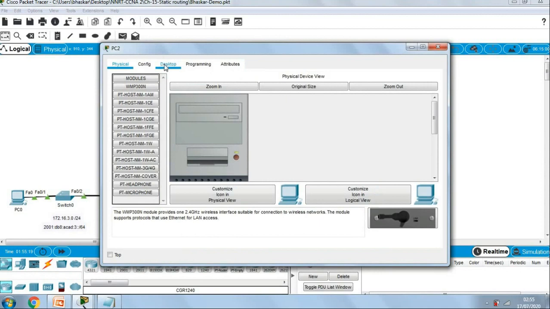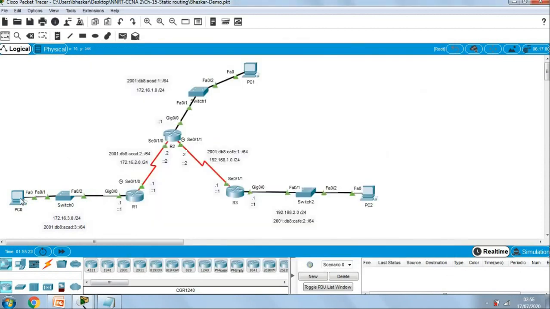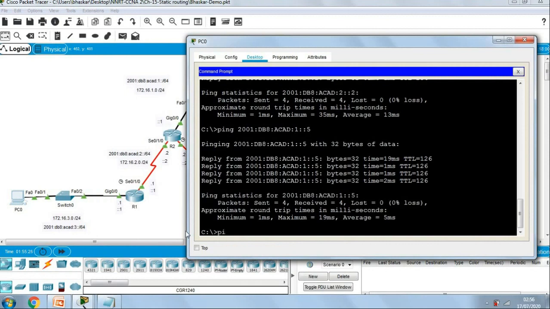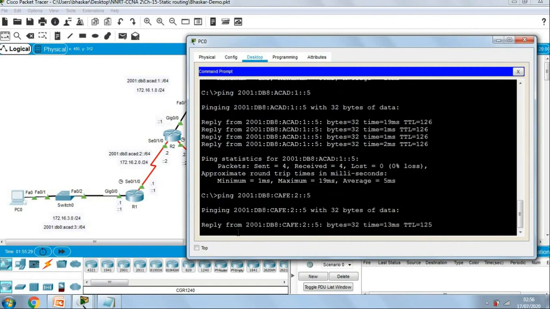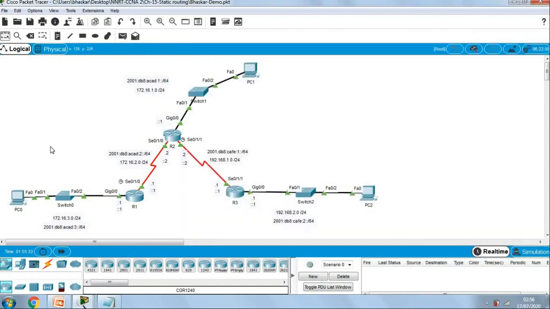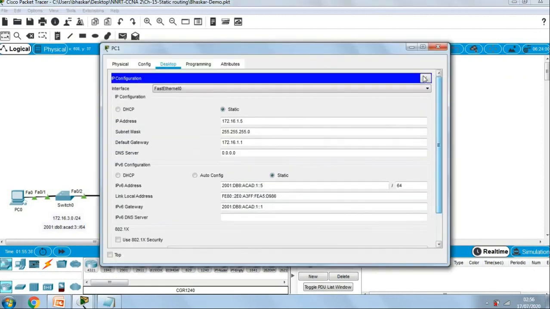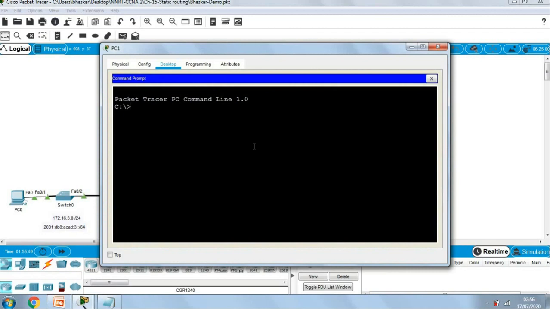If you want to try to ping from here to this one, I can open ping to it. It's working. So everything is working. Like that you have to ping, for example, from this PC to PC number 3, from PC2 command prompt.